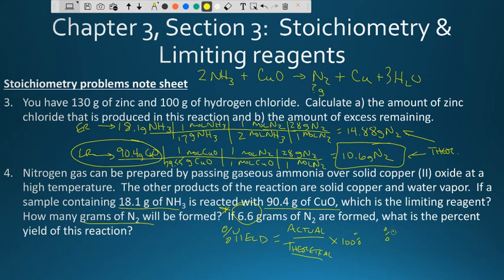My percent yield is nothing more than saying if I only get 6.6 grams, but theoretically I get 10.6 grams, and I multiply that by 100%, I end up with a 62.5% yield. It means I'm only 62.5% efficient in the process.